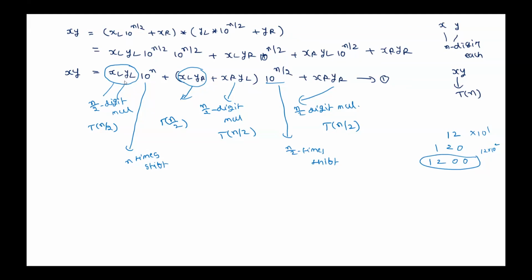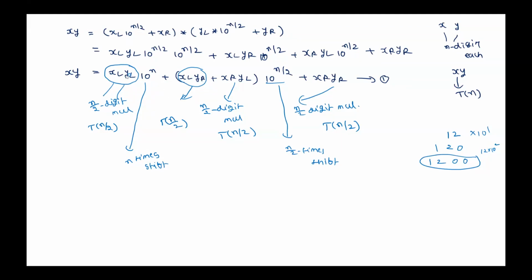Two 2-digit numbers, if I multiply, maximum we'll get a 3-digit number. Maximum is 99 into 99. Is it a 3-digit number or a 4-digit number? Similarly, two 3-digit numbers, if we multiply, maximum we'll get a 4-digit number, 999 times 999. That is a 4-digit number only, not 5-digit. Is that correct, whatever I said? Yes, sir.